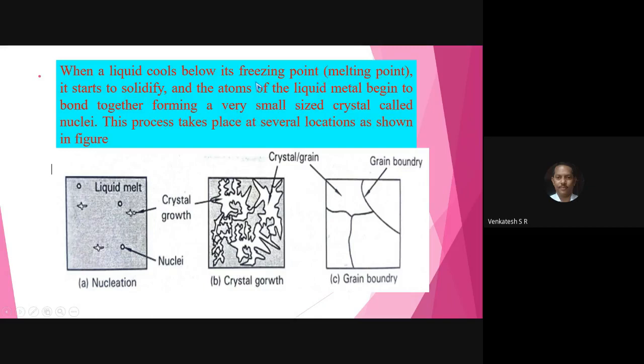For example, if it is non-ferrous aluminum, the temperature falls below the melting point, meaning below 600 degrees centigrade. If it is cast iron, below 1350 degrees centigrade, that is called the freezing point.